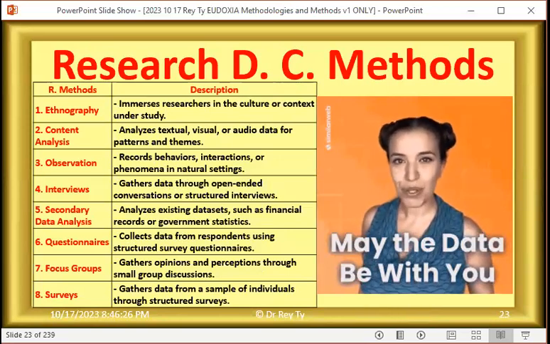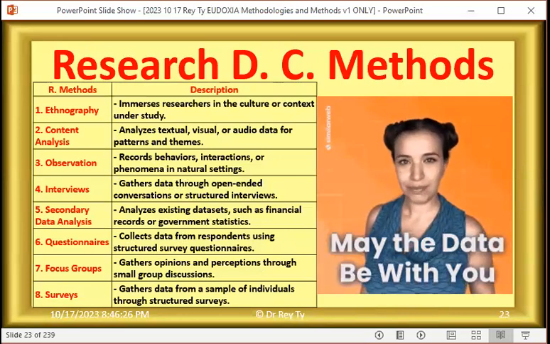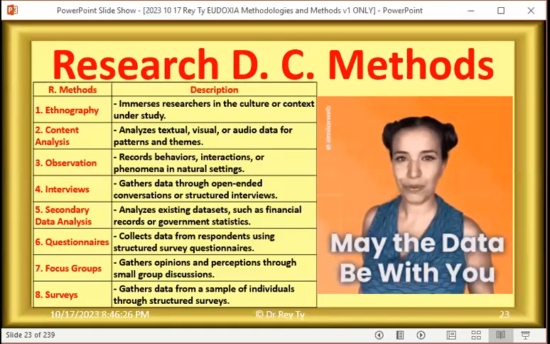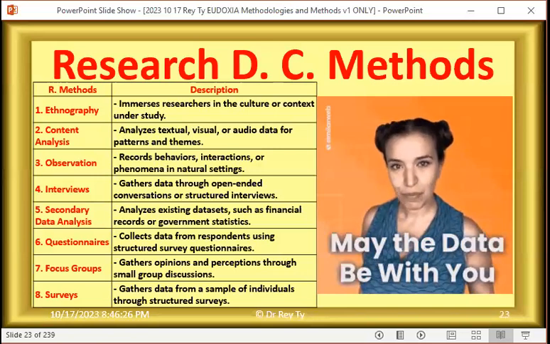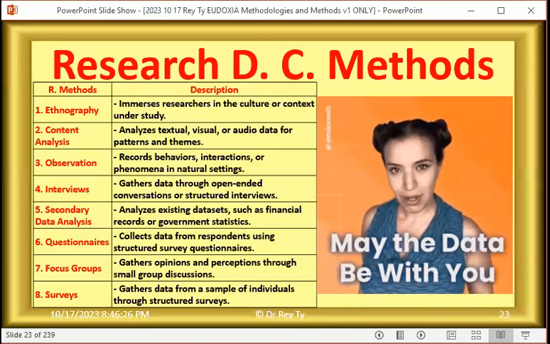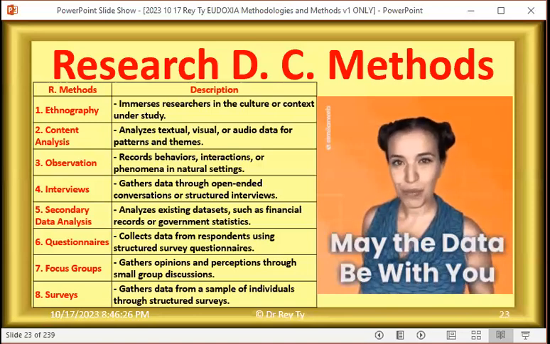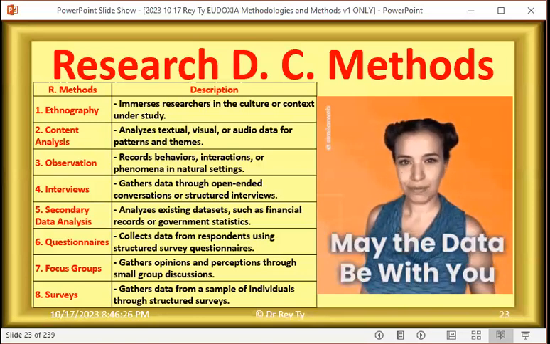Or you go to the office of the CEO and do shadow work and follow the CEO throughout the day and see what the CEO is doing, maybe for an extended period of time, like 1 week. So you are immersing yourself in a given context. In the factory, and the CEO's office, or in the villages.